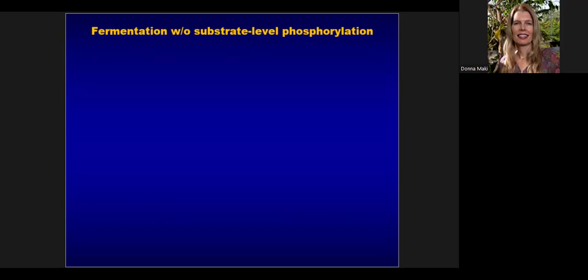But anyways, okay, now let me tell you about an exception. So I just got done saying over and over and over, substrate level phosphorylation. That's what you do when you ferment. There's one interesting exception that has been studied really well. Technically this example I'm going to show you is fermentation without substrate level phosphorylation. But I do need to talk about this because this was a confusing bit of time for scientists.